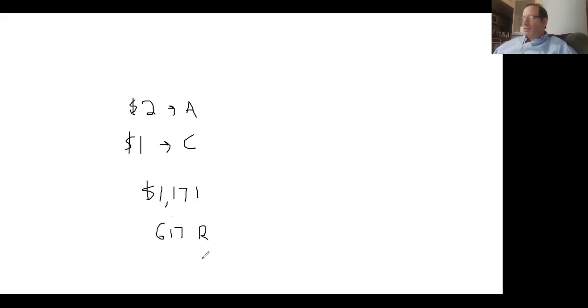Which of the following systems of equations could be used to determine the number of adult riders and the number of child riders during this 4-hour shift? Okay, so 2 has to go with A, 1 has to go with C, right? And the total number, A plus C, has to equal 617. So the easiest thing is just look at this in 2 parts. A plus C has to equal 617.